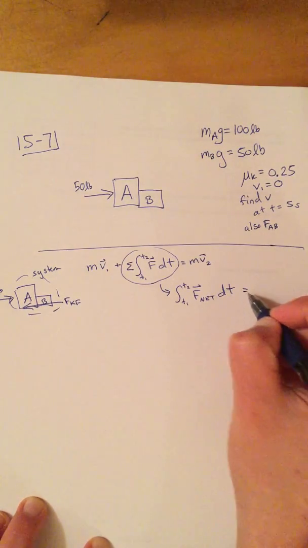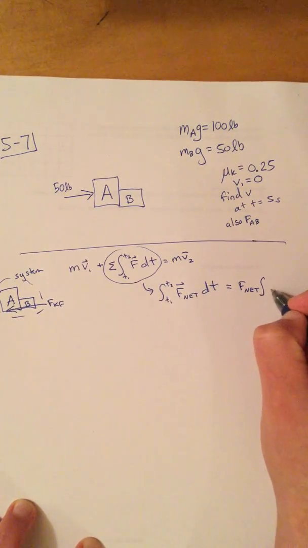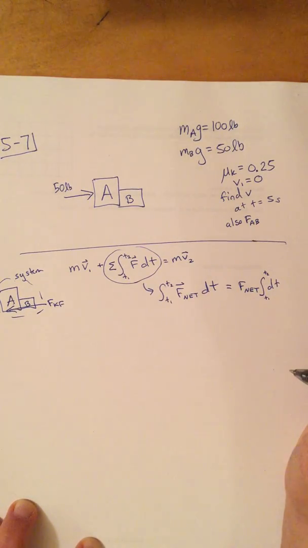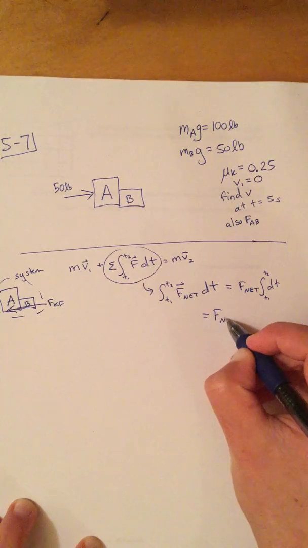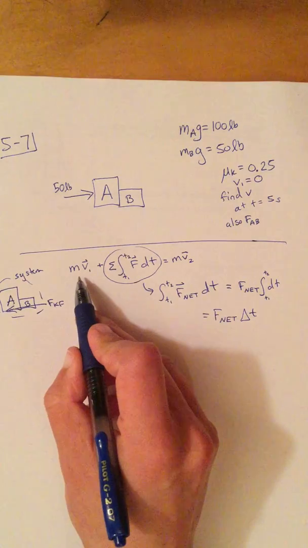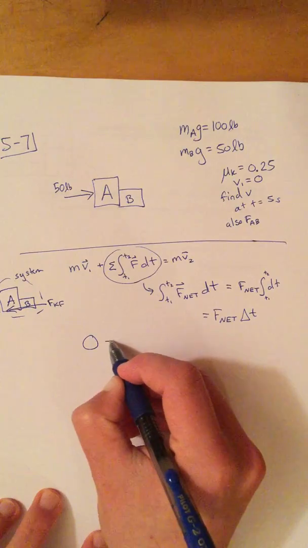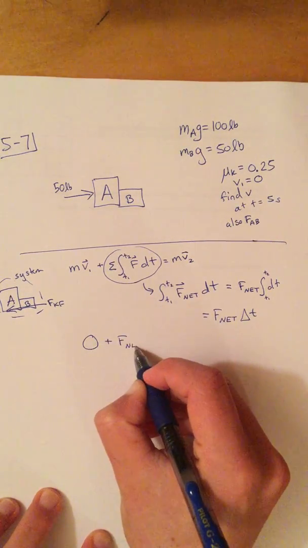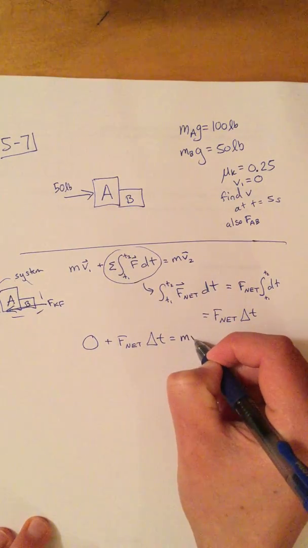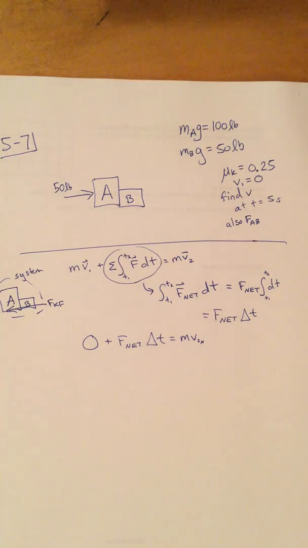So this would be F net, and then we would just have the integral of dt, which would just give us the change in time. This is F net times delta t. We have mv1 here, but the crates are starting from rest. So we have 0 plus F net times delta t is equal to mv2, and we can just look in the x direction and make that the x component of the velocity.